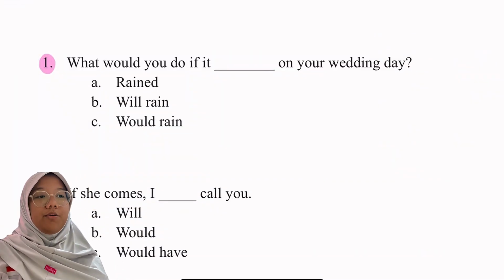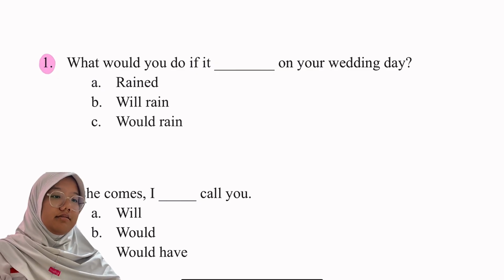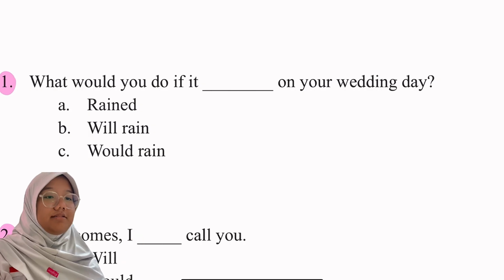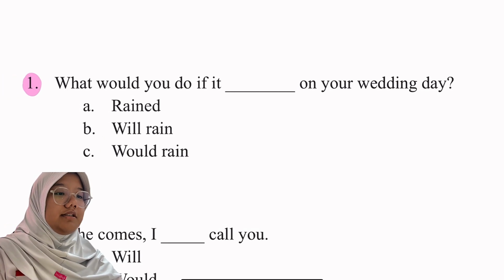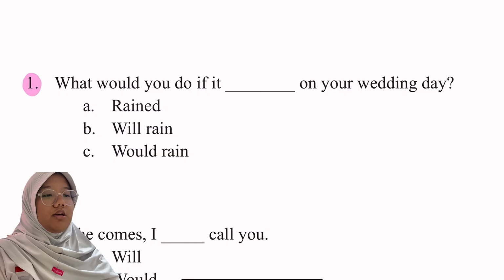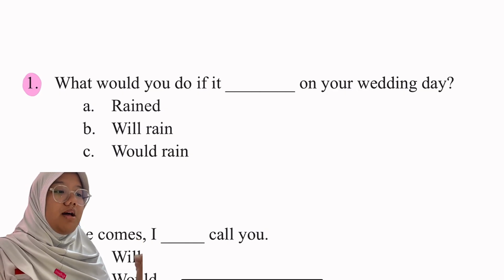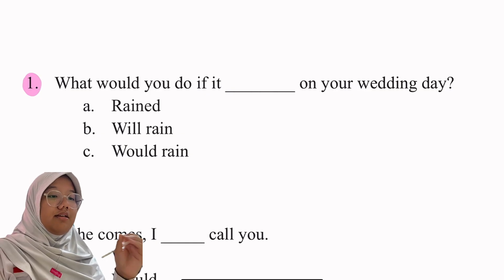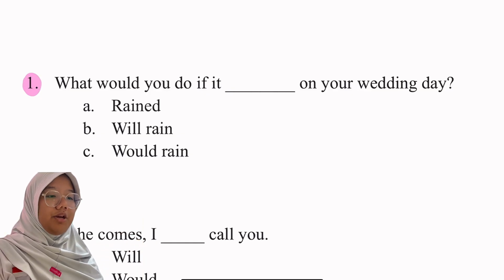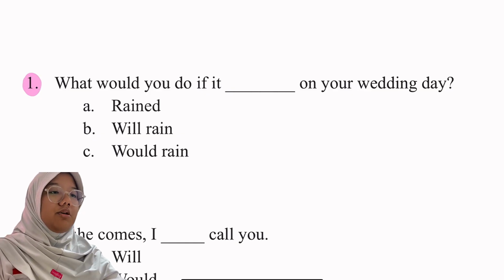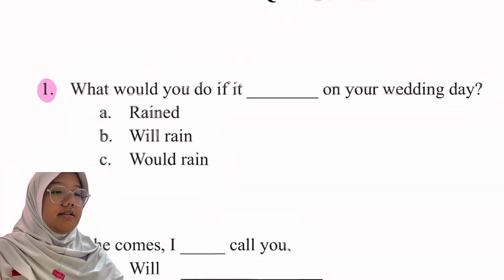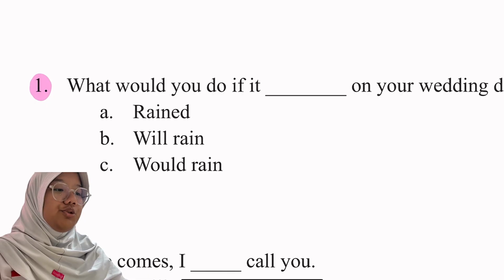Okay, so we practice. There are several questions that we must answer. The first question is, what would you do if it blah blah blah on your wedding day? The answers are rain, will rain, and would rain. Before we answer, we must analyze the structure first. What would you do?